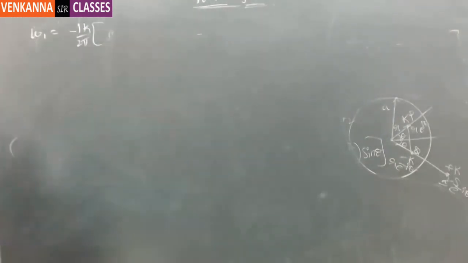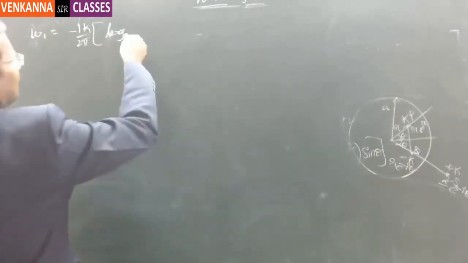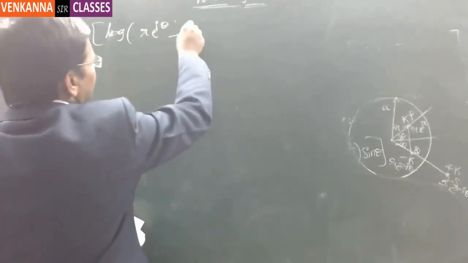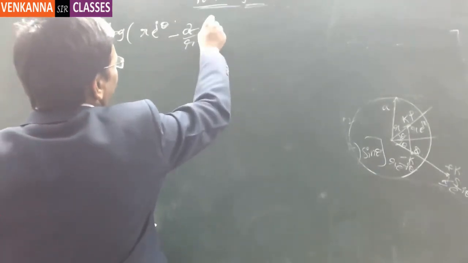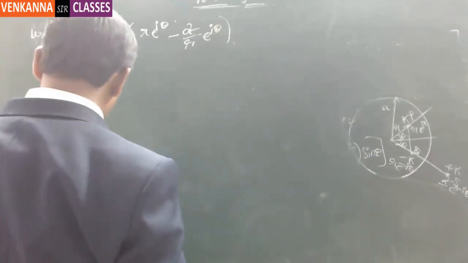Here itself we can simplify one more step, that is log of R e power i theta minus a square by R times e power i theta. This is one complex potential.